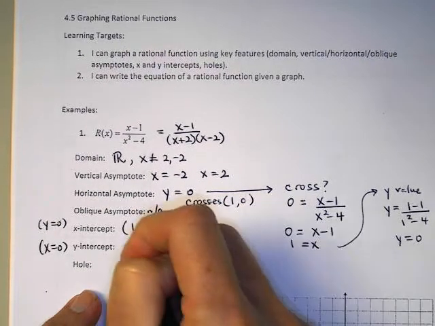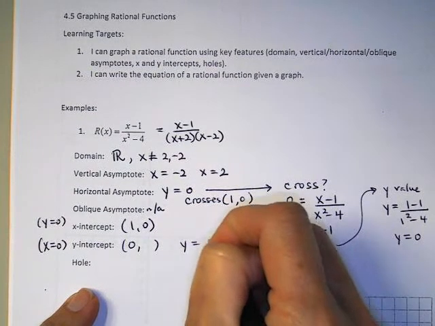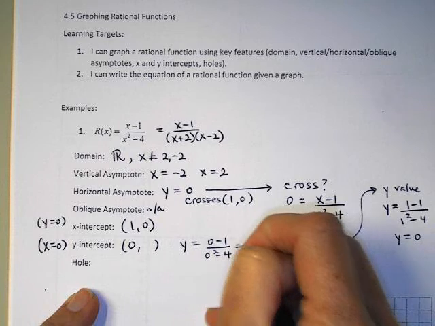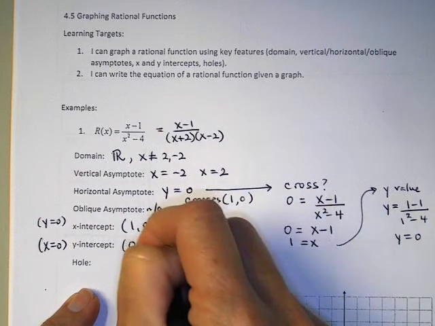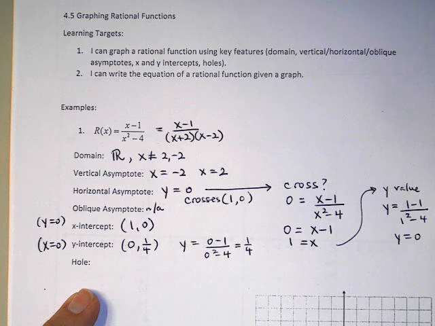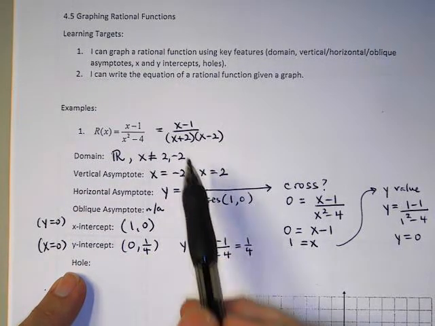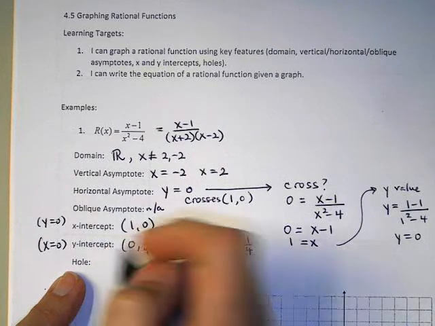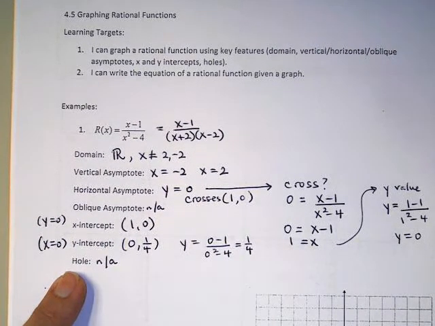So if I just plug that in, let's check where that's at. Y would equal 0 minus 1 over 0 squared minus 4, and that's going to be 1/4. So there is my y-intercept. Holes, I don't have any holes this time. A hole would come if I canceled out a factor. It is no longer a vertical asymptote but a hole, and I did not do that on this problem, so we don't have any holes.